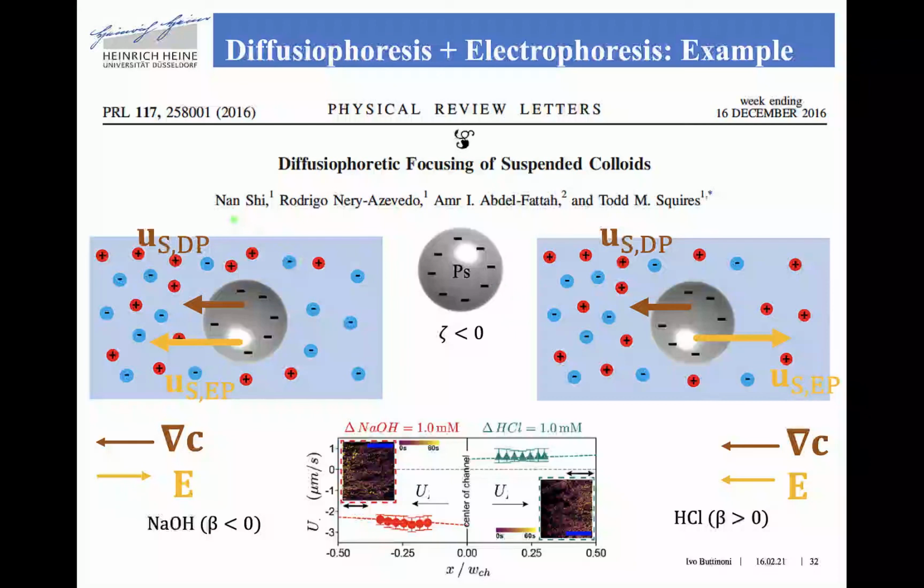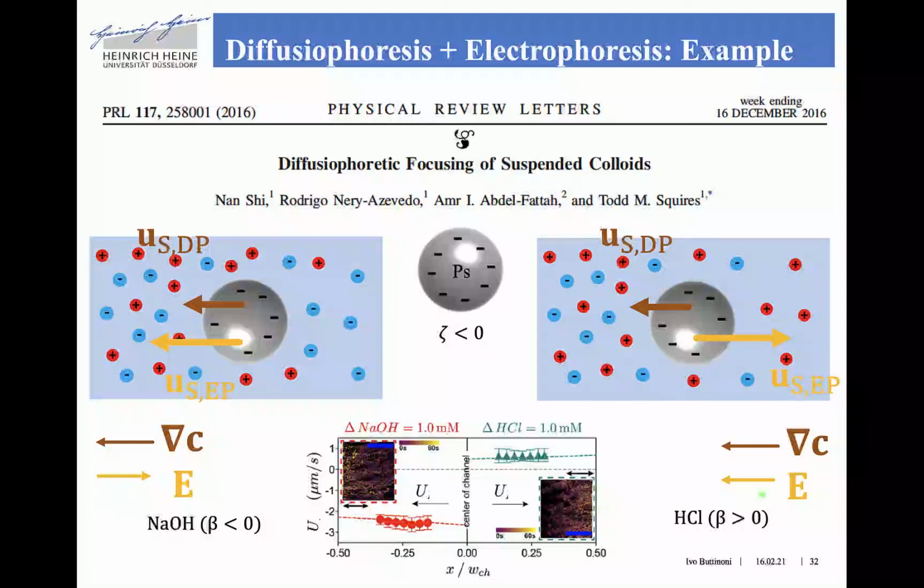On one end, caustic soda, NaOH, where the anions diffuse faster than the cations, so that the direction of the electric field is opposite to the one of the salt concentration gradient. So here it means that both the electrophoretic slip velocity and the neutral diffusiophoretic slip velocity point in the same direction, and therefore the particle always moves up the concentration gradient.